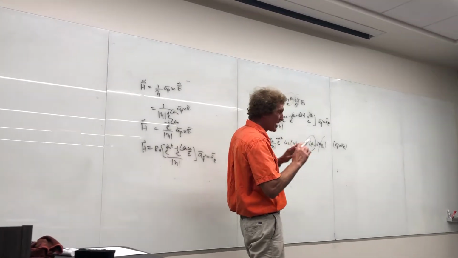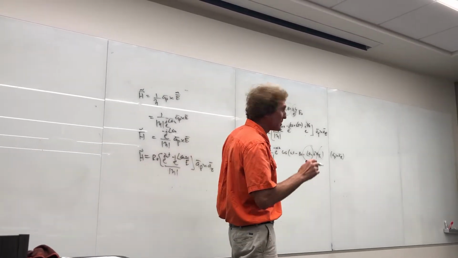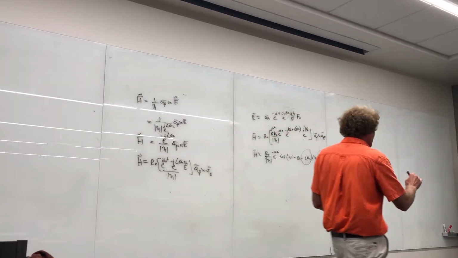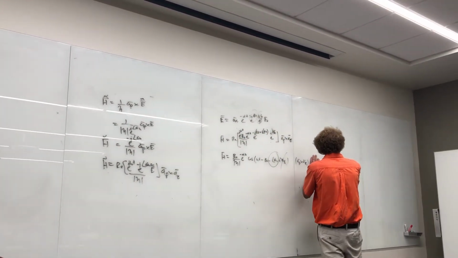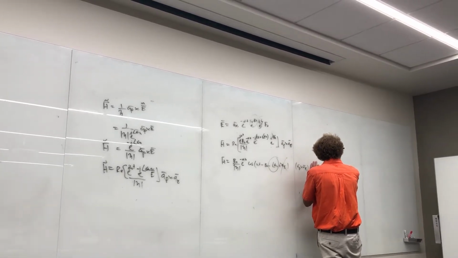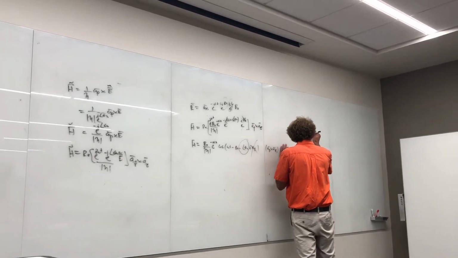If you have the lossiest media in the world, still, alpha will be equal to beta. And let me just show you this. Lossiest media in the world. First of all, eta is equal to the square root of j omega mu over sigma plus j omega epsilon, right?